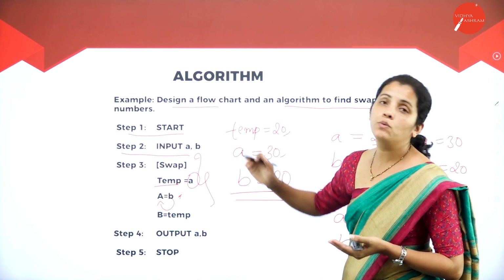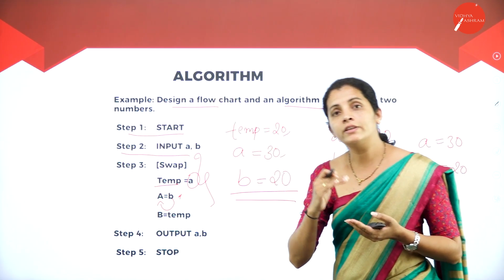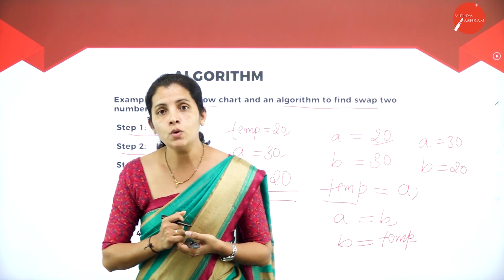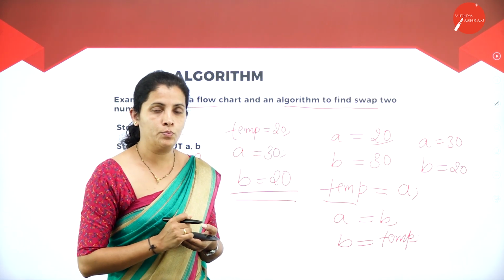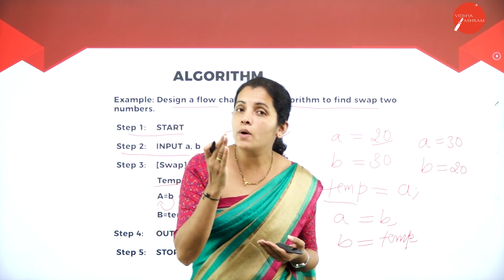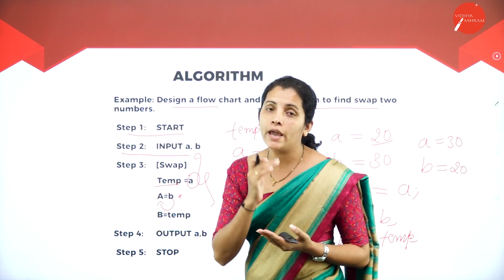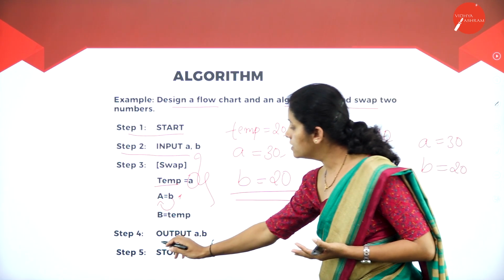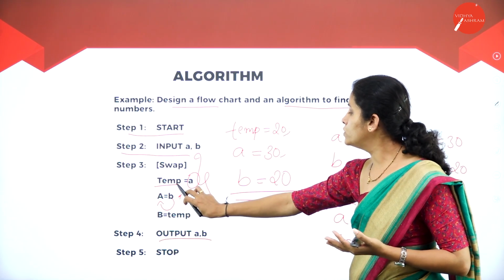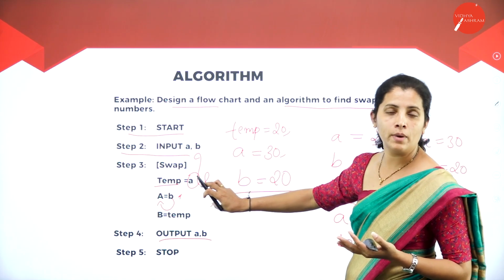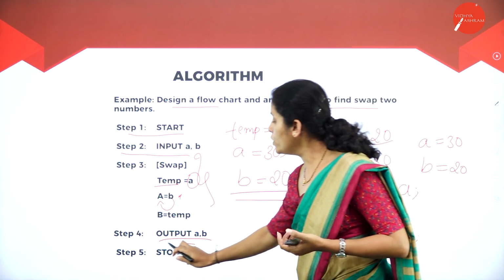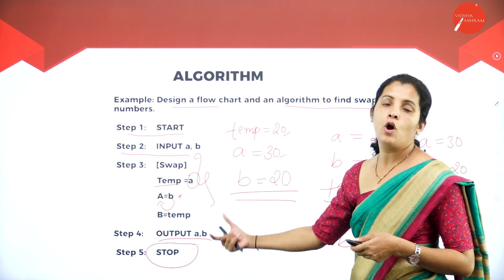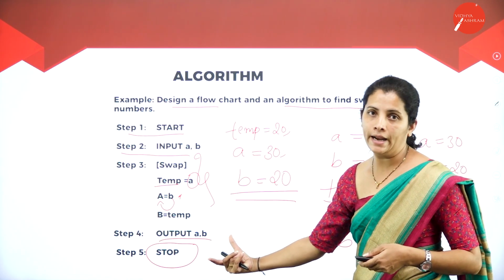Then at the end, after swapping two numbers, I want to display the output. That means after swapping, what A holds and what B holds. So that is the output. Now I'm going to display output A, B, and I'm going to stop my algorithm with the help of stop or exit or end.